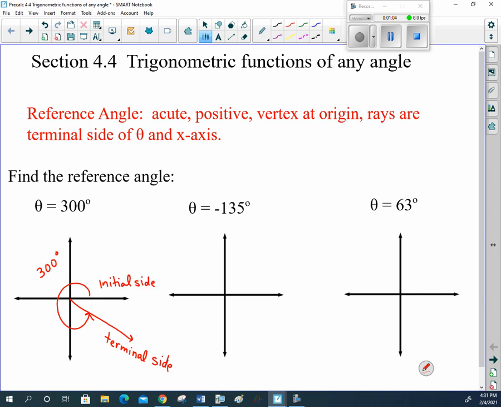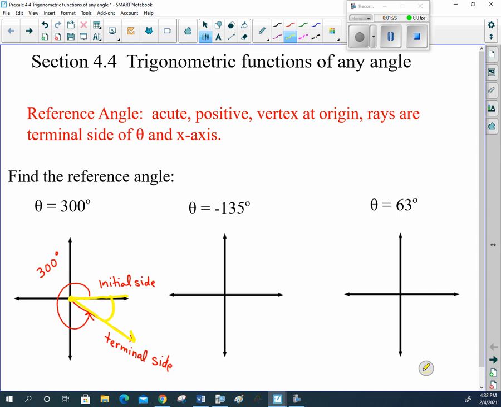So the reference angle will always have its vertex, so here's the initial side, vertex right here at the origin, and then here's the terminal side. So this is the reference angle.